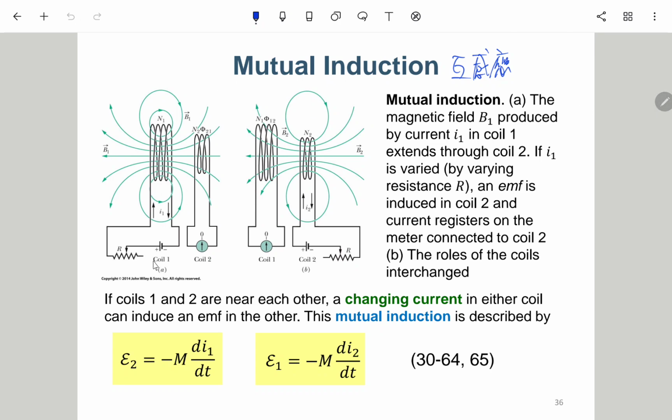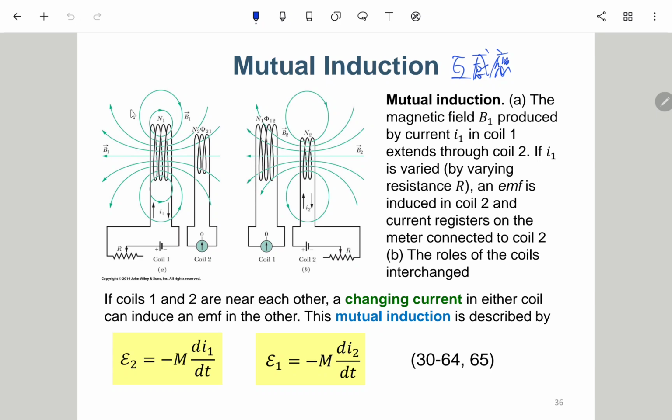Here we have two coils, similar to the very beginning of this chapter. We have two experiment setups. One is with a magnetic bar to move, and then the other one we try to have the coil, and at that time we only had a switch, but here we replace it with a tunable resistor, so that if we move the tip of this tunable resistor, we can change the resistance, and so we can change the current.